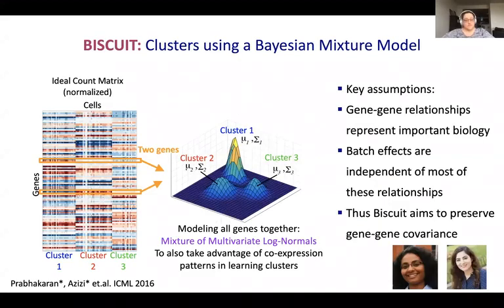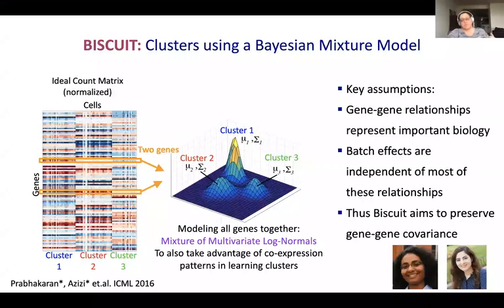Another thing that we did in BiSKIT, and this was spearheaded by Elham and Sandhya when they were both still in my lab, was that we really want to preserve these gene-gene relationships, that we really make that covariate matrix, the gene programs that are on and the relationship between genes in the data, that's what we want to preserve as best as possible across samples. And our key assumption here is that batch effects are mostly independent of this biological structure.